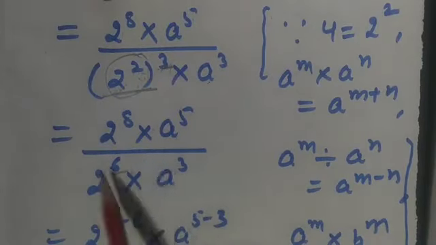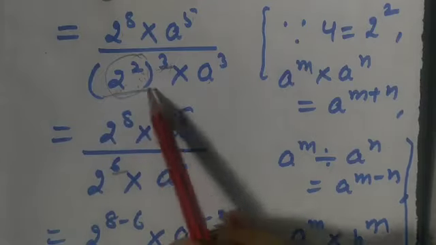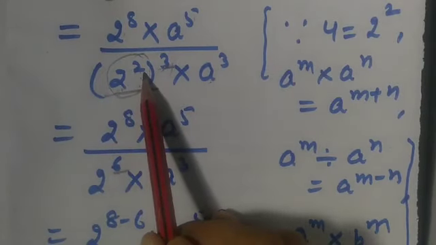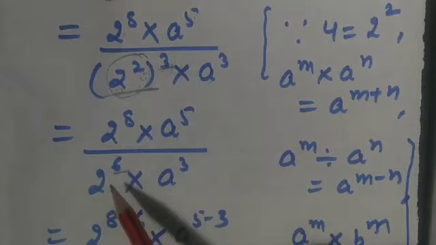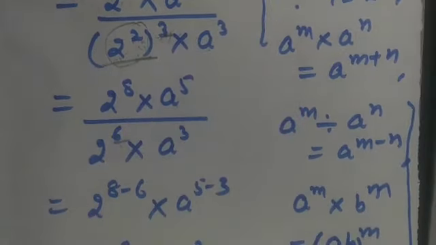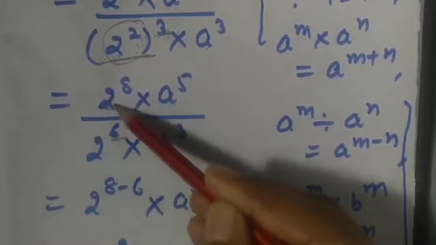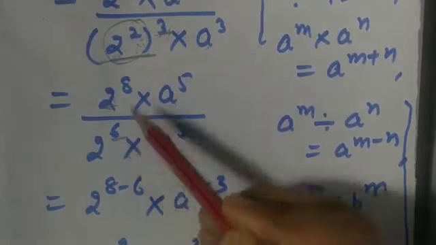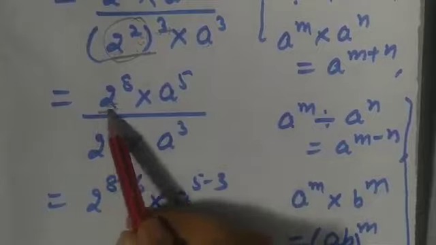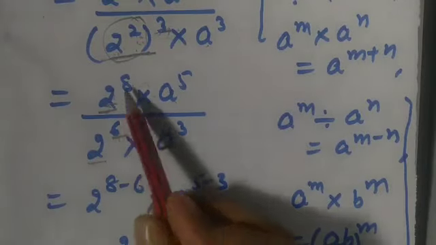Everything else remains the same, only this step I did. 2 raised to the power 2 raised to the power 3 can be written as 2 raised to the power 6. Now here I am observing that in multiplication every term is independent: 2 raised to the power 8, 2 raised to the power 6.